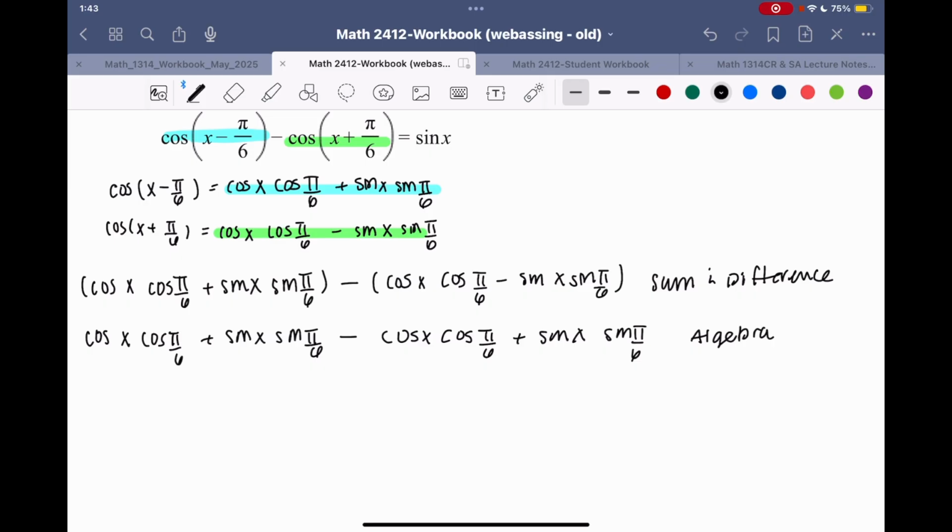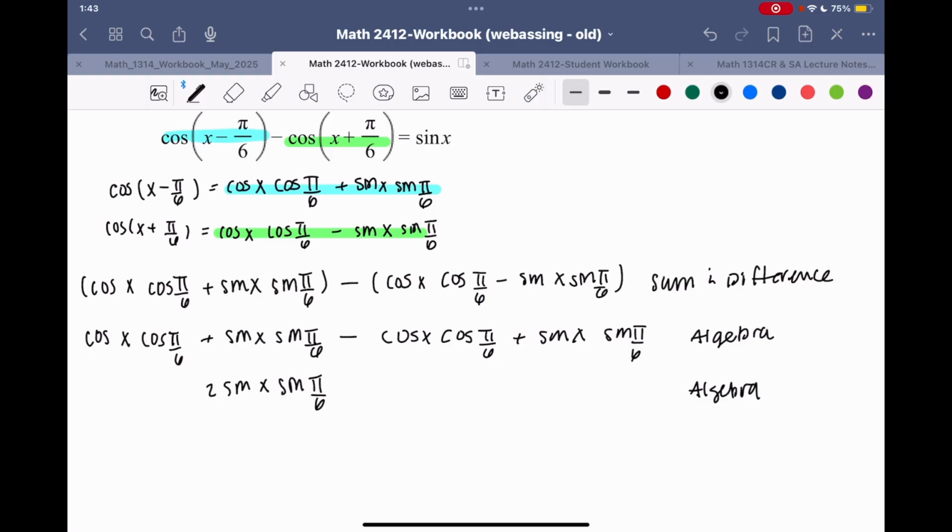And then as we continue to gather like terms, we're going to have 2 sine x sine pi over 6, and we are going to solve. So this is more algebra. And then I want to solve.